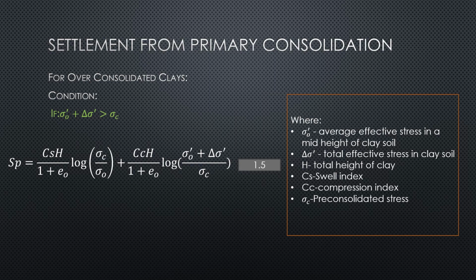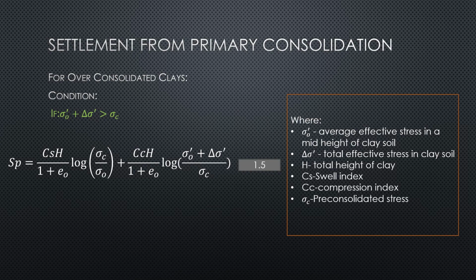So for the second condition of over-consolidated clay, the condition will be the average effective stress in the mid-height of the clay soil plus, correction, the delta sigma, there is no prime there, but it will be defined as the total stress. So it has no prime. That will be greater than the pre-consolidation stress.